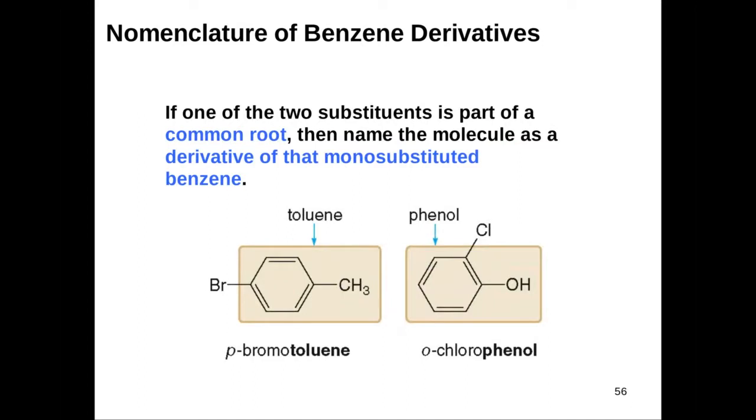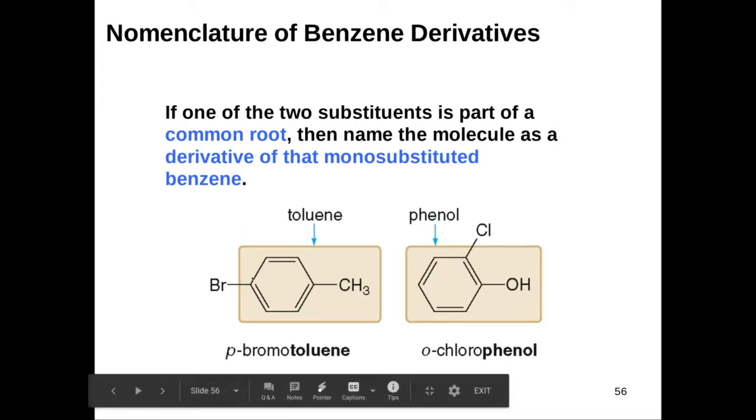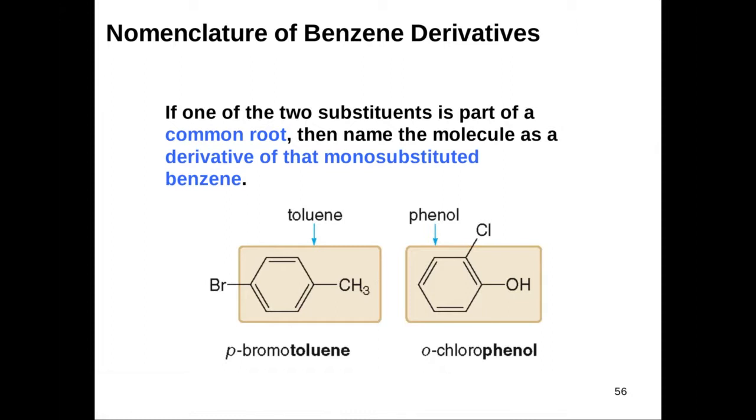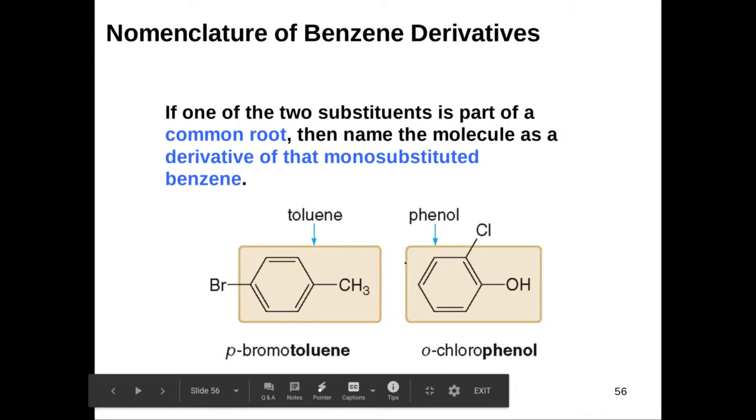Now, if one of the two substituents is part of a common root, then we name the molecule as the derivative of that monosubstituted benzene. So, for instance, if we have toluene, which we saw a few slides back, or phenol, which is what phenol looked like.